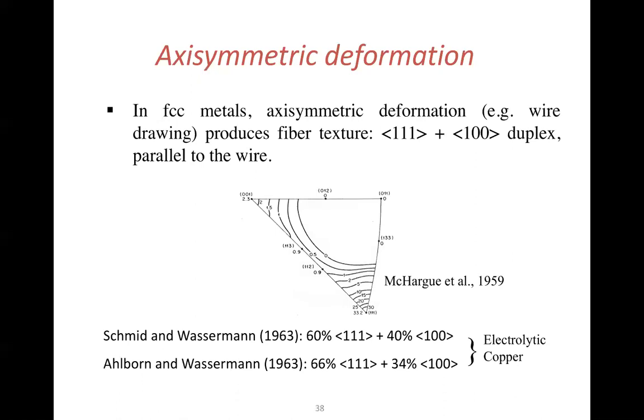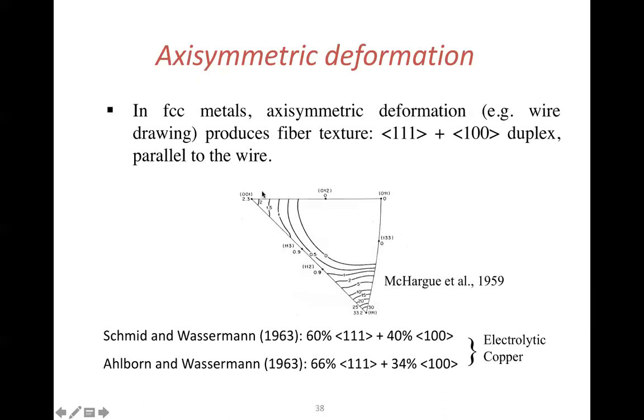But each different set of boundary conditions is going to give us a different final texture. Each deformation path is going to give us a different final texture. And some of them that come up from common operations have special names.